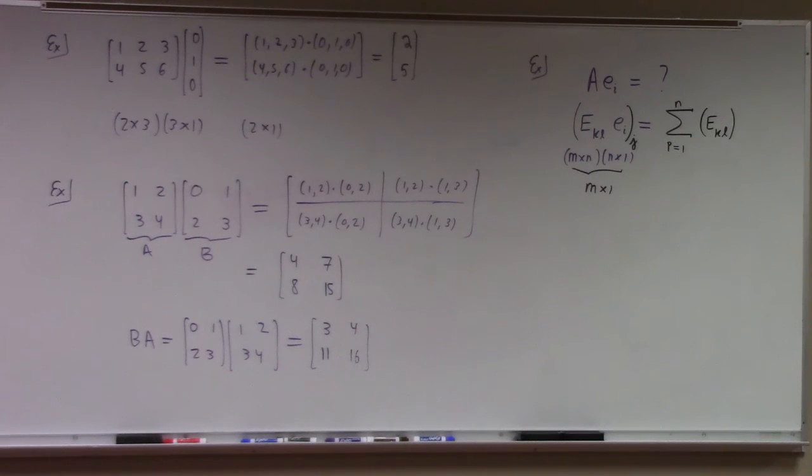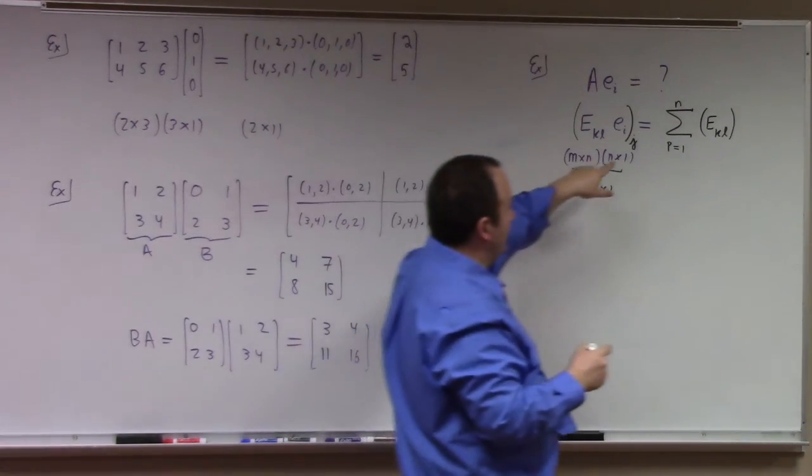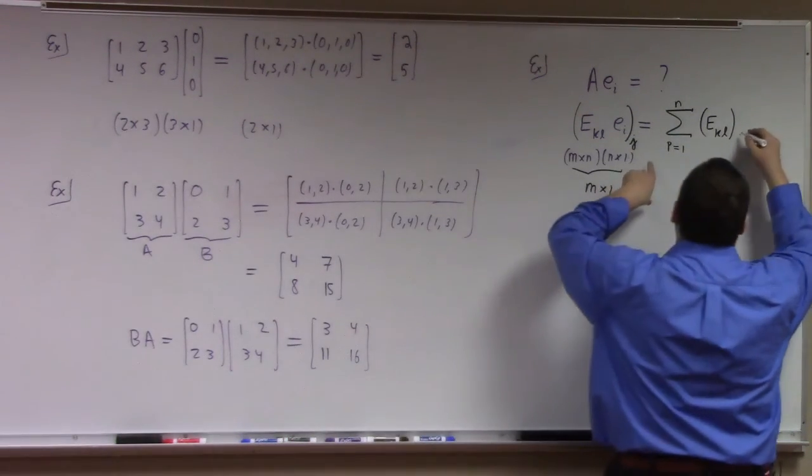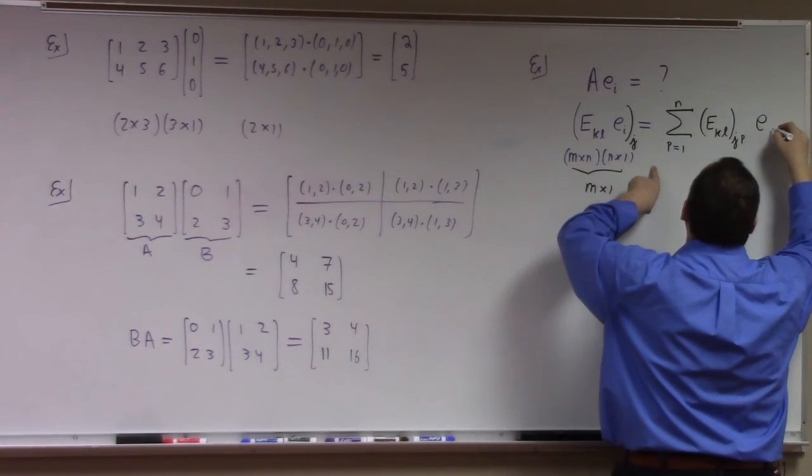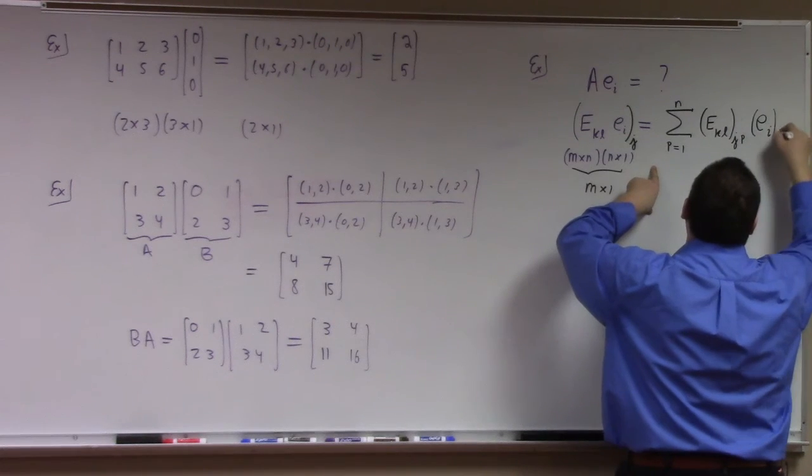So which one of these indices is not present for a column vector? The row index or the column index? The column index is gone. So the I is still there, and that I in this is being played by J. So I'm like J, p, and then E_I, the pth component of that.